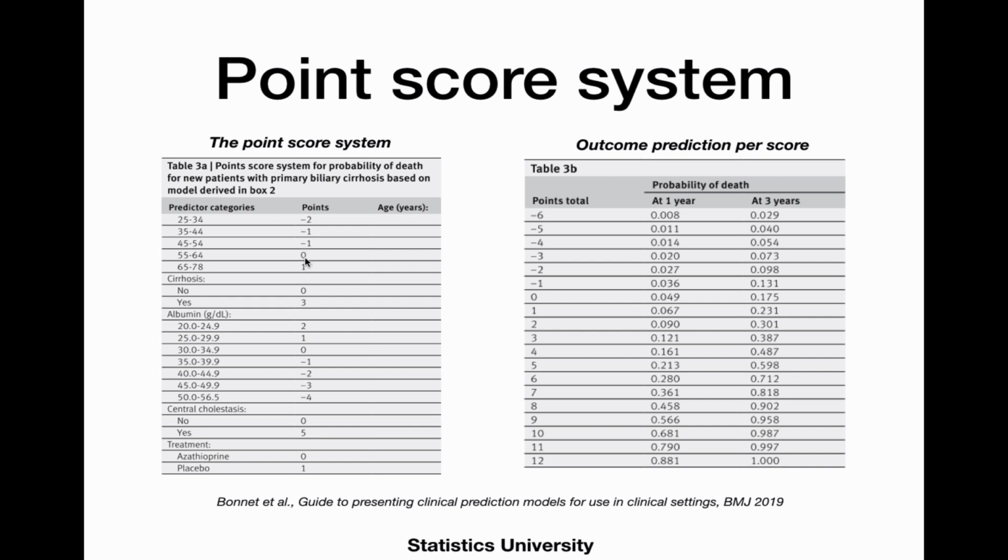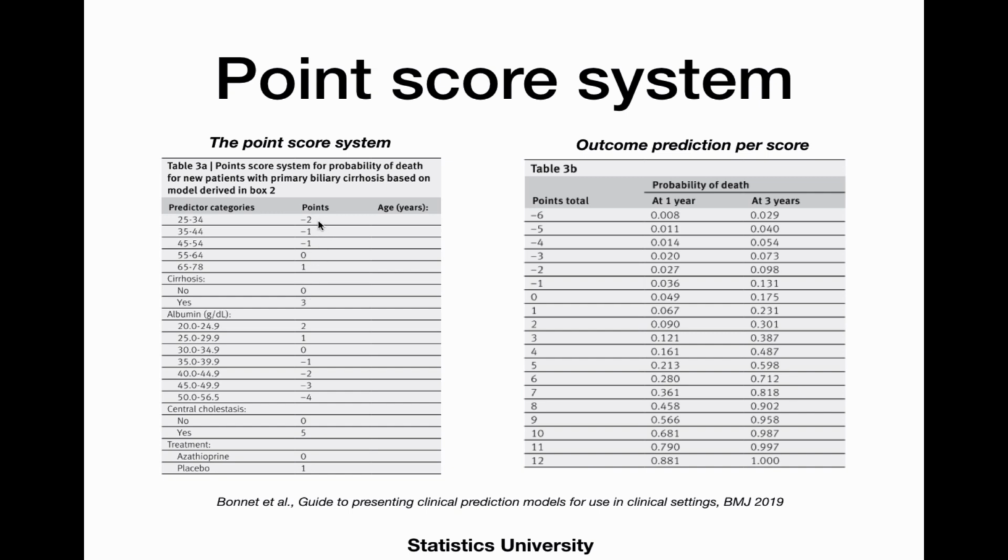And here you could see, for example, that the reference category in age is 55 to 64, which is probably centered around the mean in the cohort. But patients older than that get 1 point, and patients younger than that get points subtracted. And patients that have cirrhosis, for example, get 3 points, whereas no cirrhosis is the reference category.